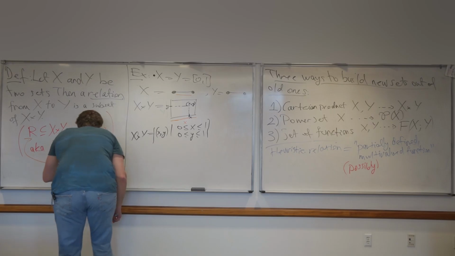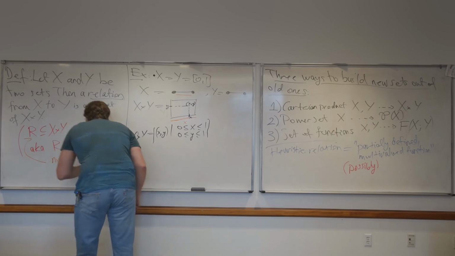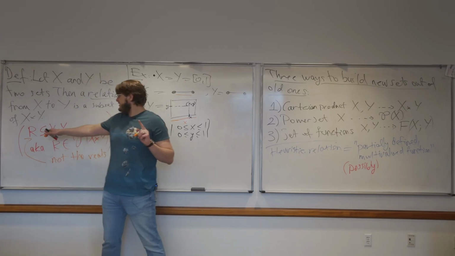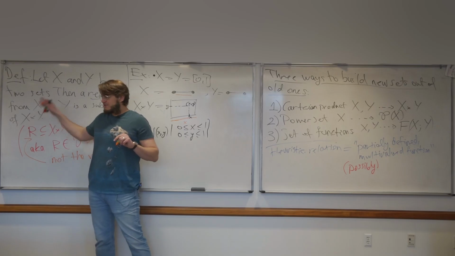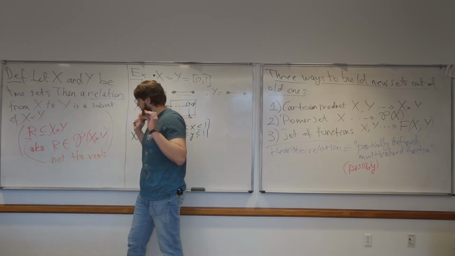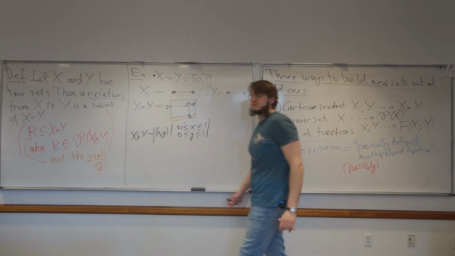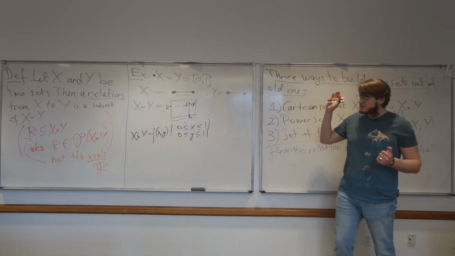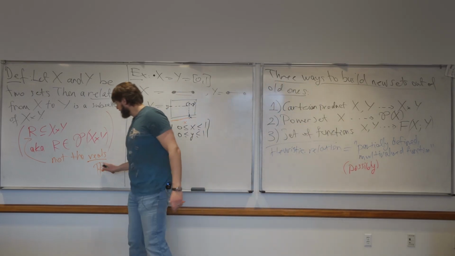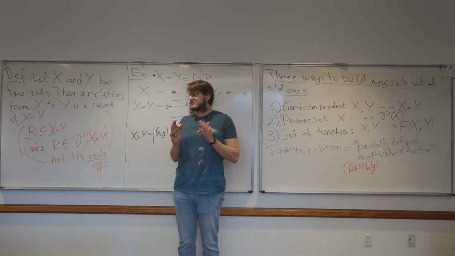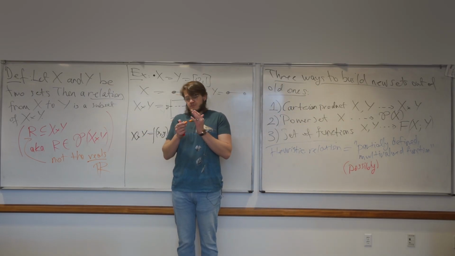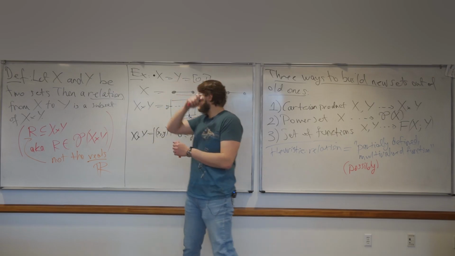Not the reals. This is some abstract stuff. When it's this specific set of real numbers, this is always R with a dash through. This notation is reserved for the real numbers. Okay, that's a good point.